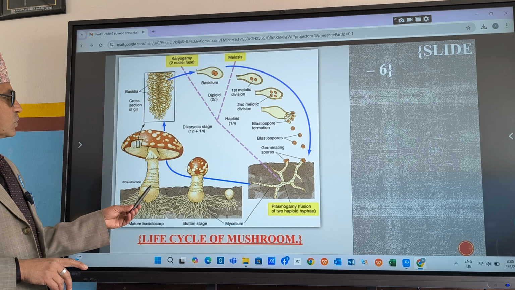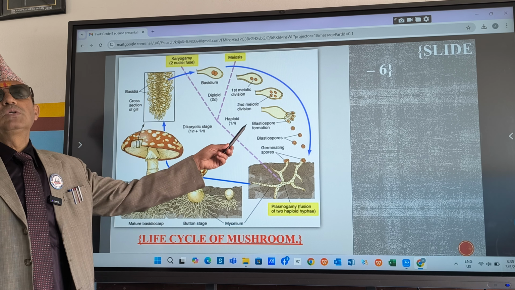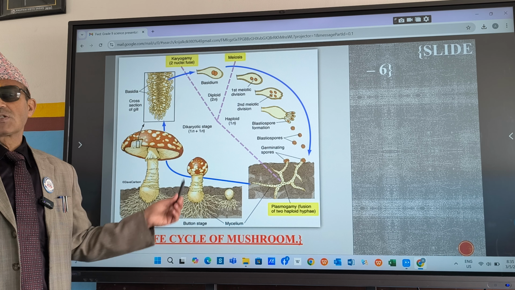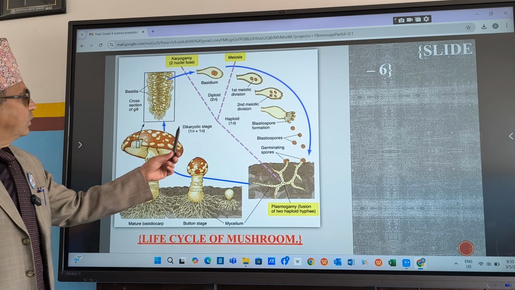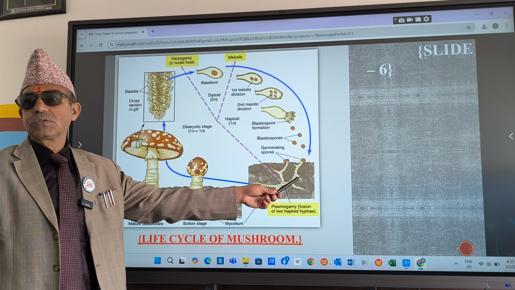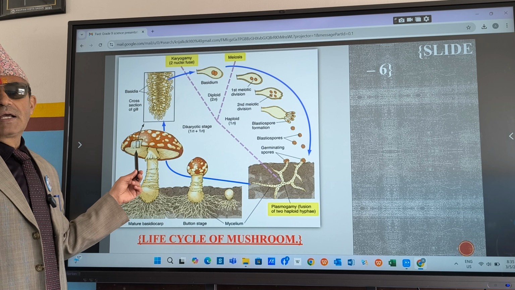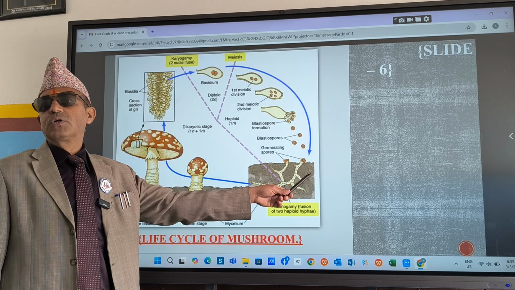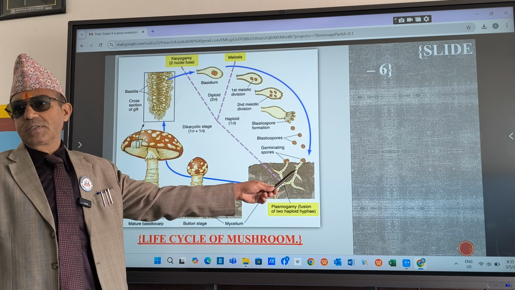In the life cycle of mushroom, there are two types of reproduction: asexual reproduction as well as sexual reproduction. On the right side, here is sexual reproduction. On the left side, asexual reproduction. In sexual reproduction, fusion of two mycelia takes place.